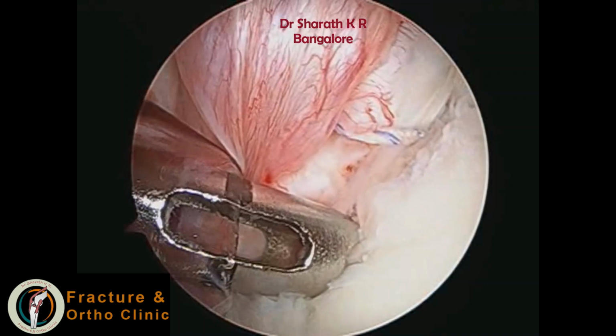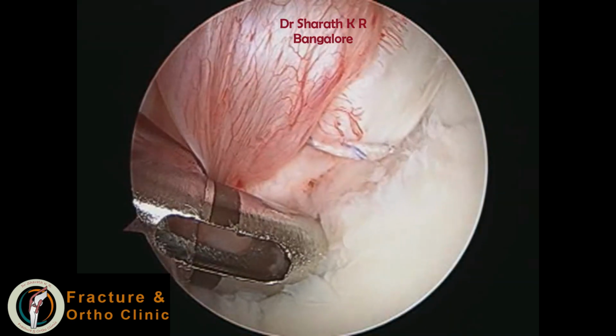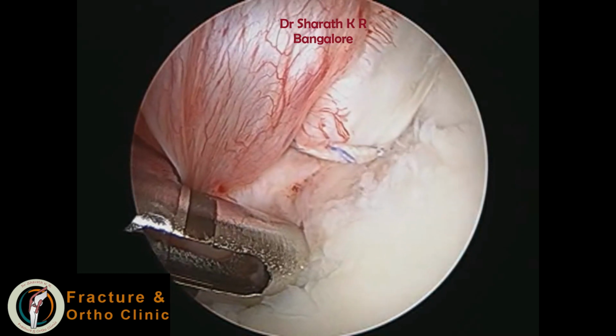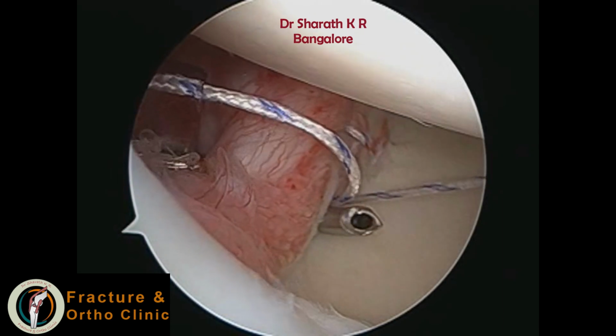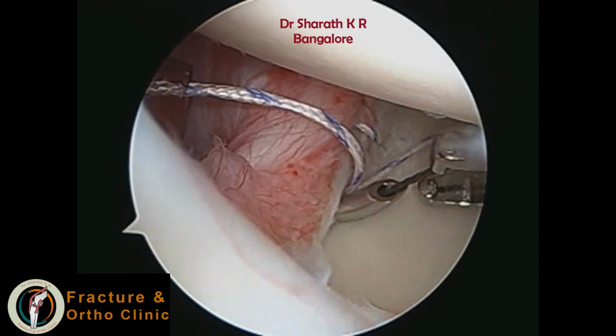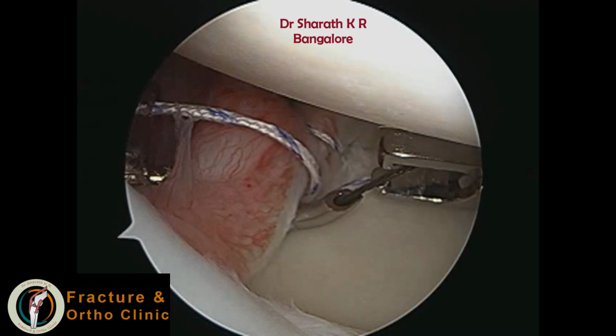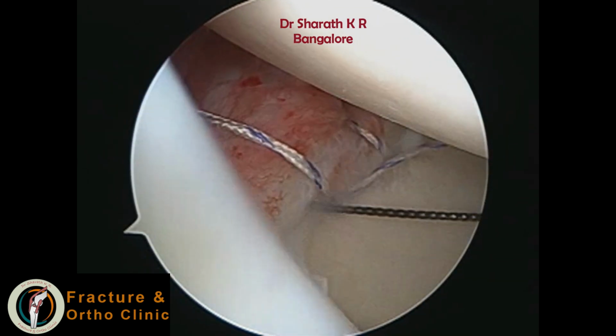we can see that the inferior part of the labrum and the anterior inferior part will have a bump. We can make it, but as we come anteriorly, the substance of the labrum will be very thin.